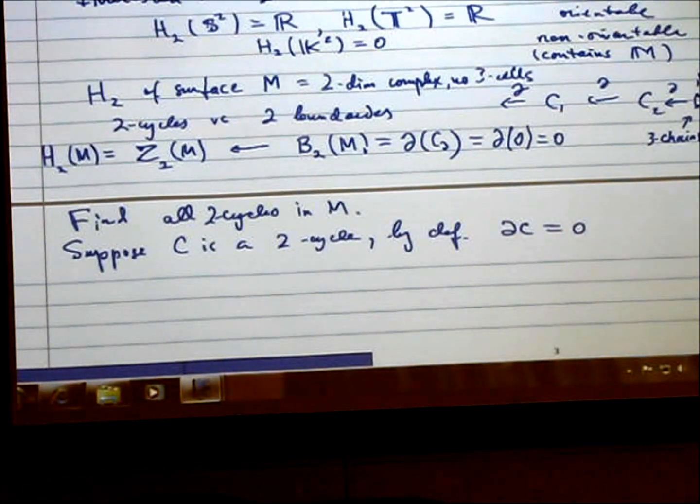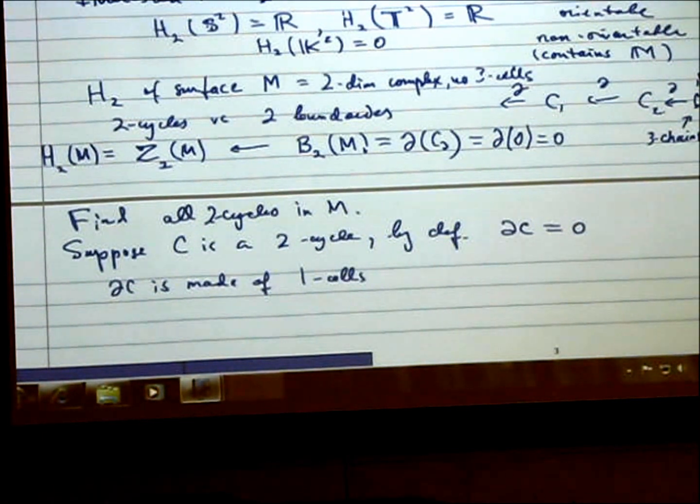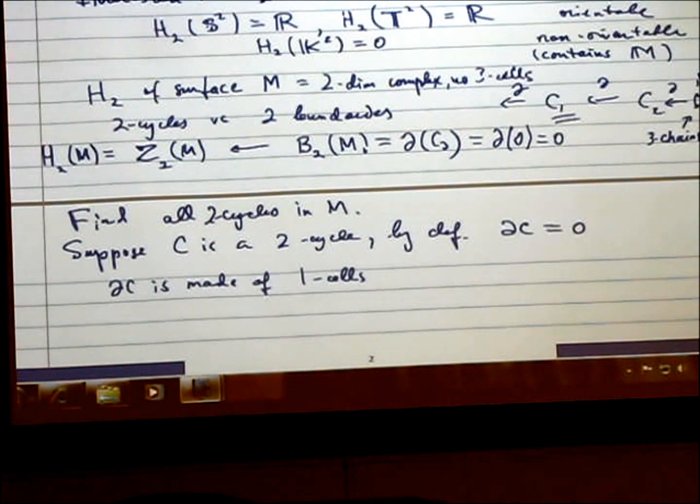And what we know about DC is that it is made of one cells, right? This is what we're talking about. So our C belongs to C2. It is a two chain.